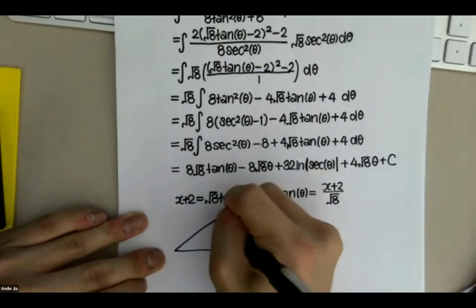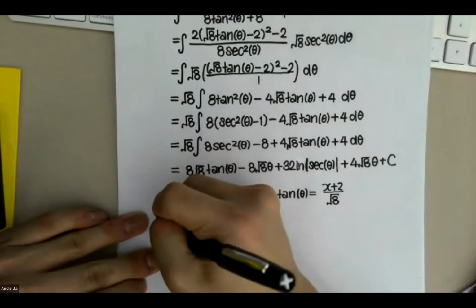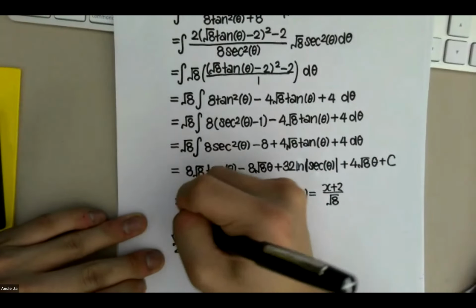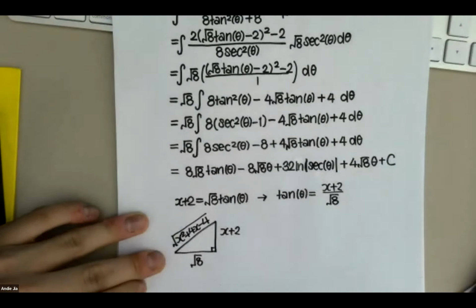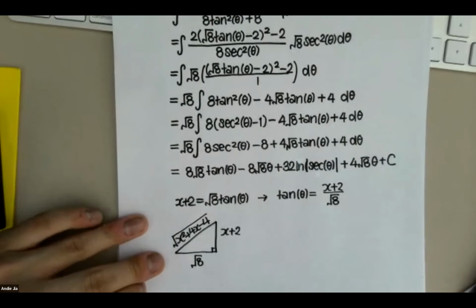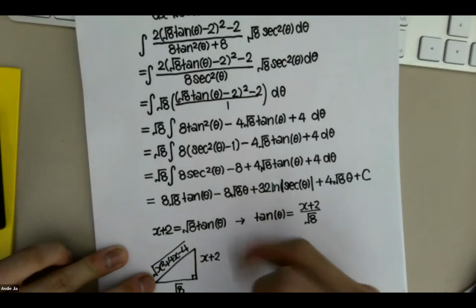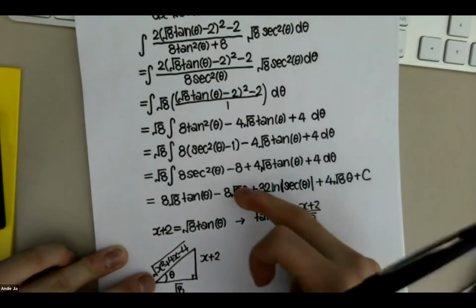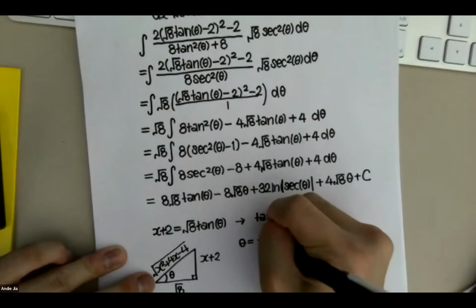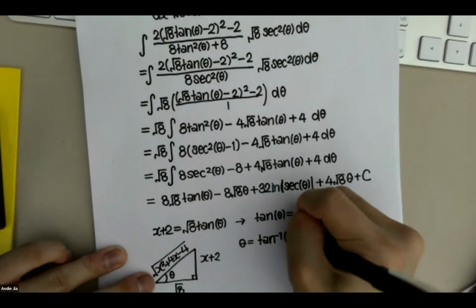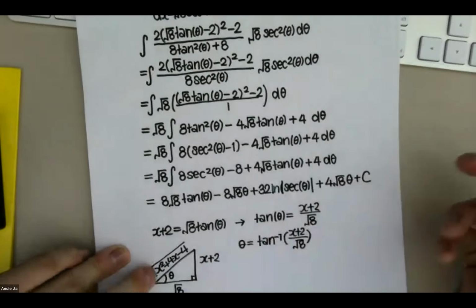The hypotenuse is going to be x squared plus 4x minus 4. And for theta you just do arctangent of x plus 2 over radical 8. That is the angle.